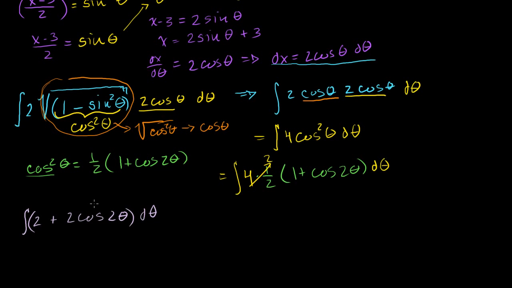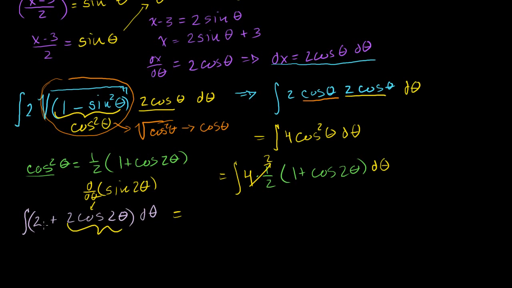What is this right here? This is the derivative with respect to theta of sine of 2 theta, right? This whole thing. What's the derivative of sine of 2 theta? You take the derivative of the inside, that's 2, times the derivative of the outside, cosine of 2 theta. And this, of course, is the derivative of 2 theta.